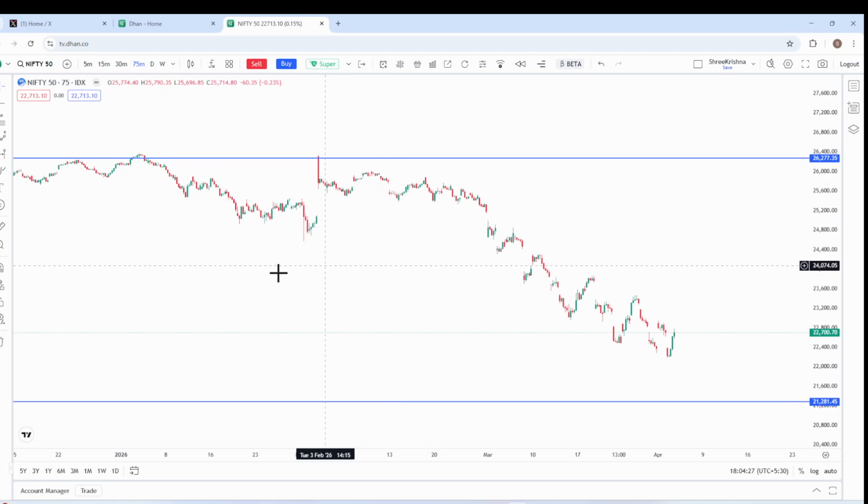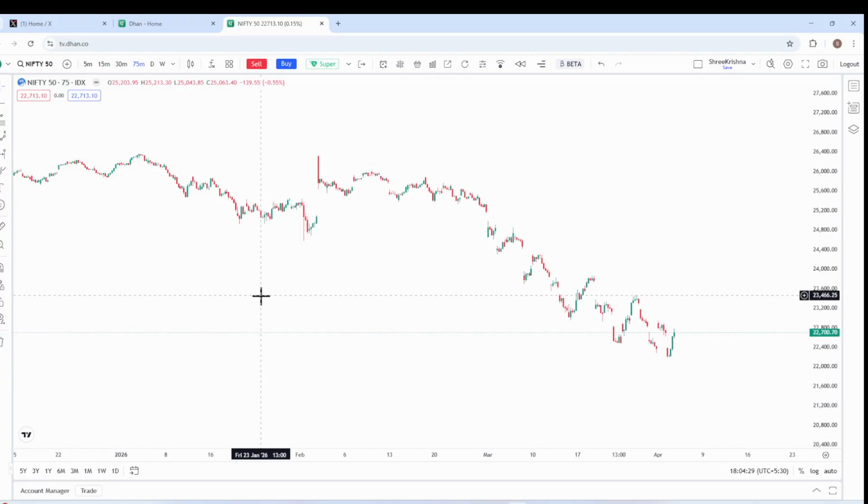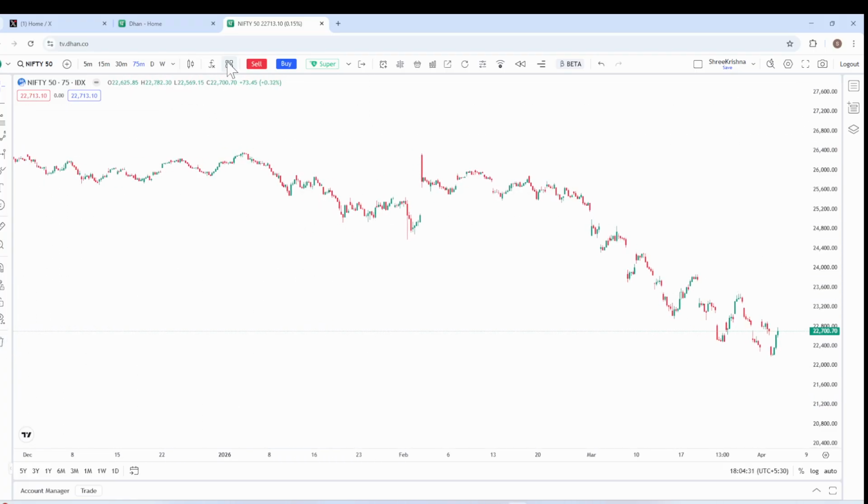So I'm going to remove this. You all know now. I'm going to use some pre-prepared indicator setups. Why we are going to use the indicator setup is to understand our limitations. What are our limitations in the form of stop?